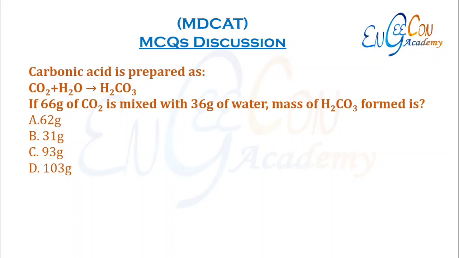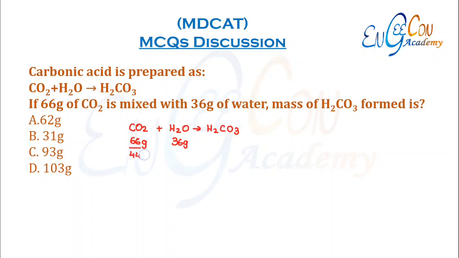Carbonic acid is prepared as carbon dioxide plus H2O forms H2CO3. So we write the equation CO2 plus H2O and it gives us H2CO3. Now if 66 grams of carbon dioxide is mixed with 36 grams of water, the mass of H2CO3 formed is. Now we have to find out the limiting reagent first.